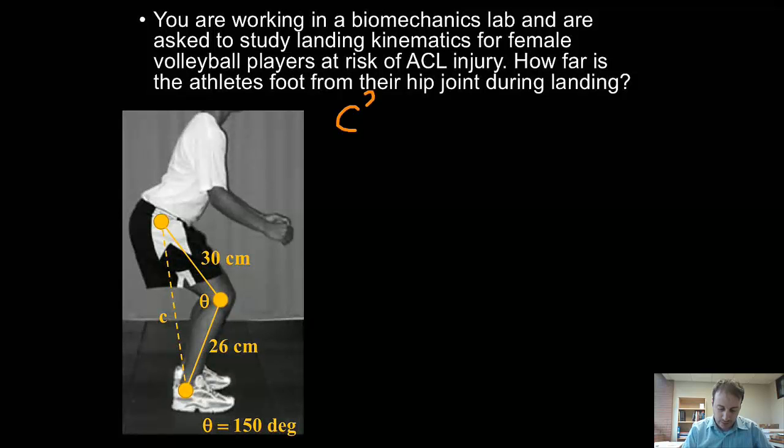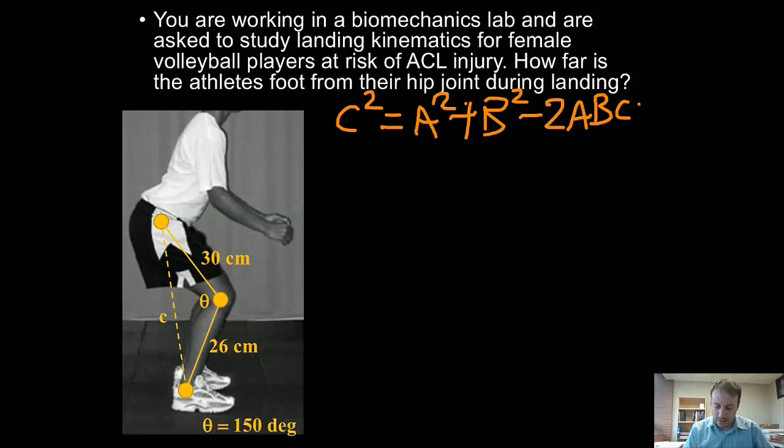C squared is equal to a squared plus b squared minus 2ab cosine theta.